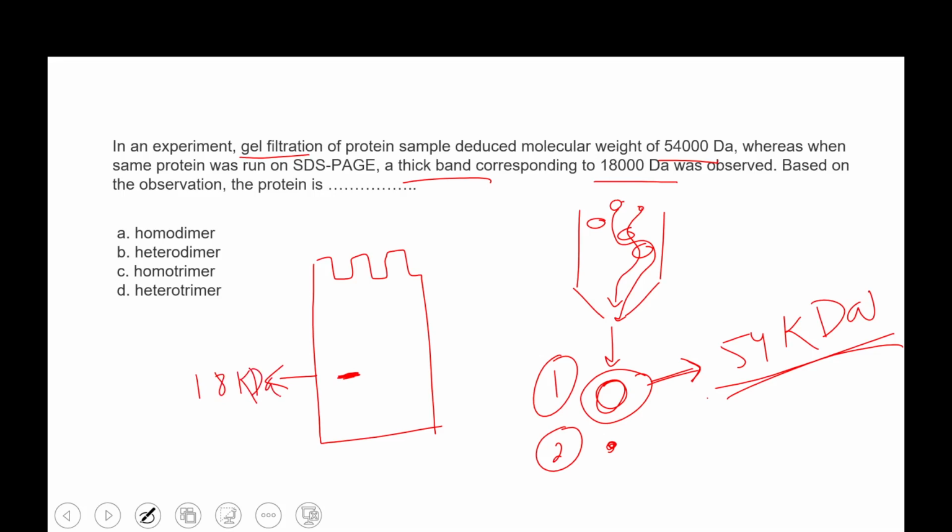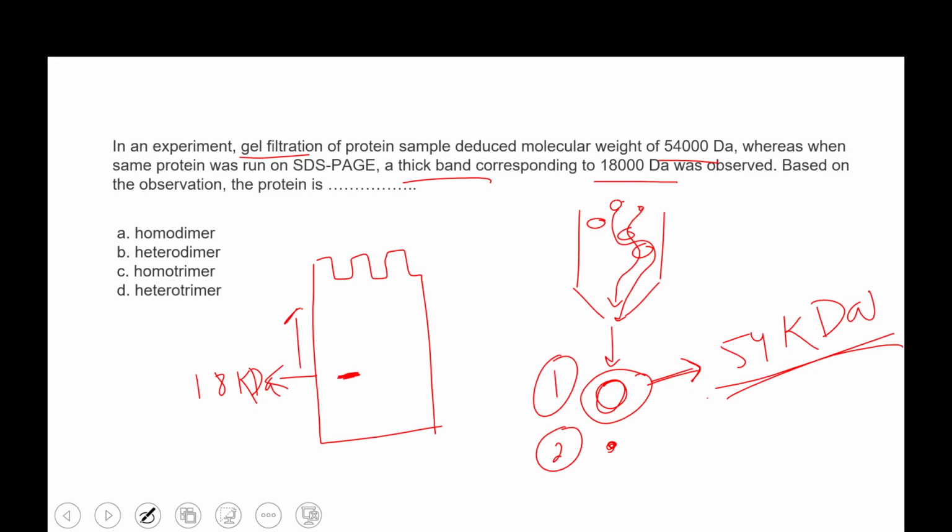So it should come at a higher weight, but it came at the lower weight. Because SDS denatures the protein and breaks all the interactions present in the protein. That means the protein has some interaction among the residues, and that is why it was giving a high molecular weight. So the protein has more than one polypeptide unit.